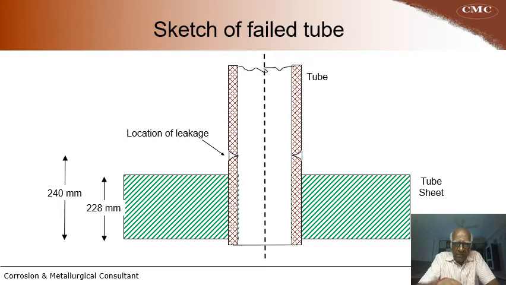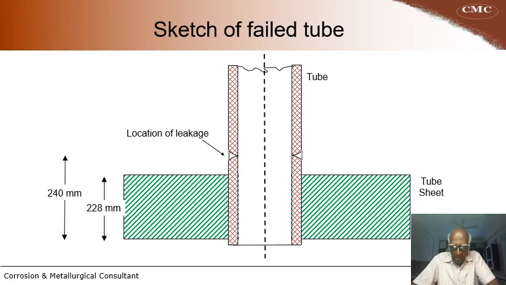From the inside surface, around 12 mm (240 minus 228) layer of water has been remaining, and that layer has led to this corrosion. And this layer in a boiler water is alkaline. That is why it is called caustic gouging.